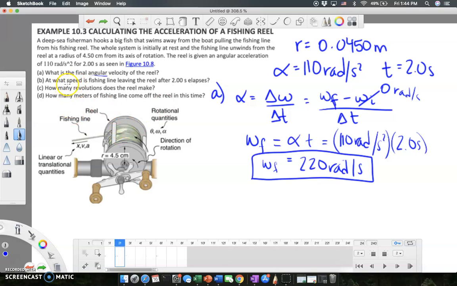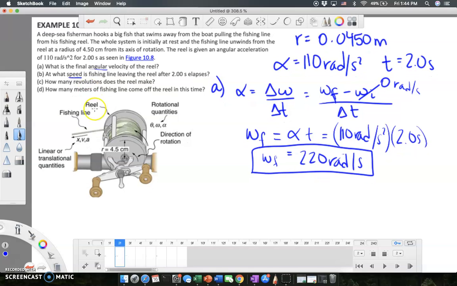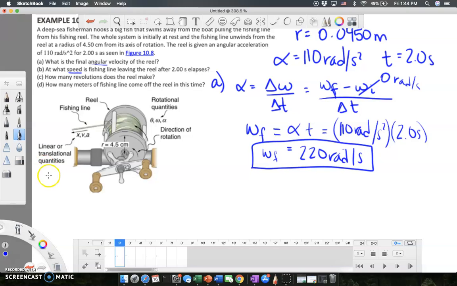The speed after leaving the reel. So we want to find some velocity here. So let's go back to our equations and try to figure out what we can use. So we want to find our velocity, right? But we do know our time.